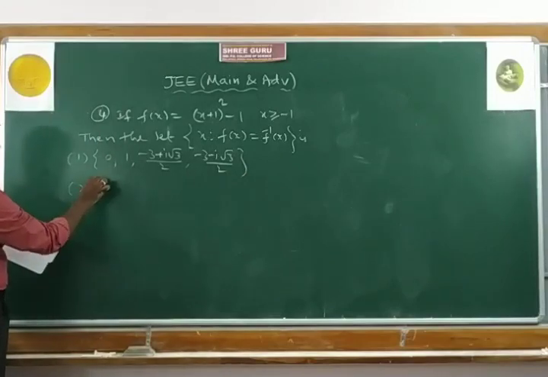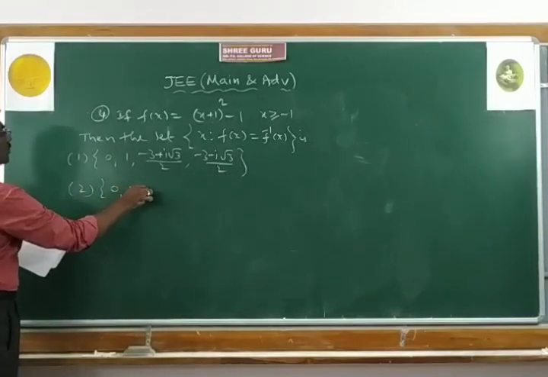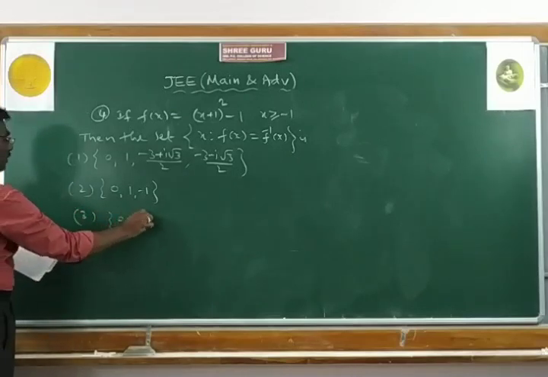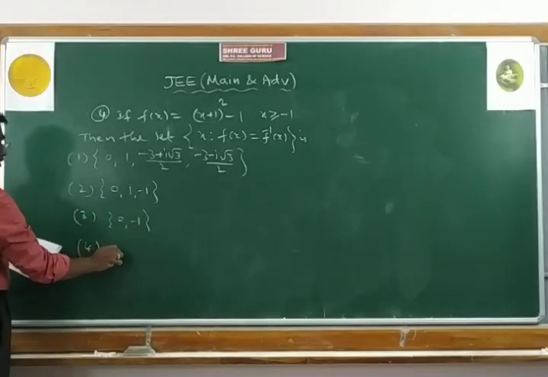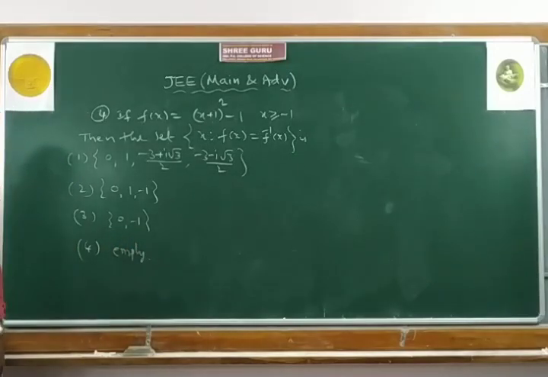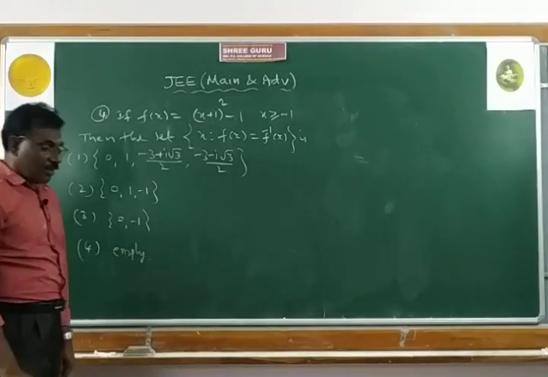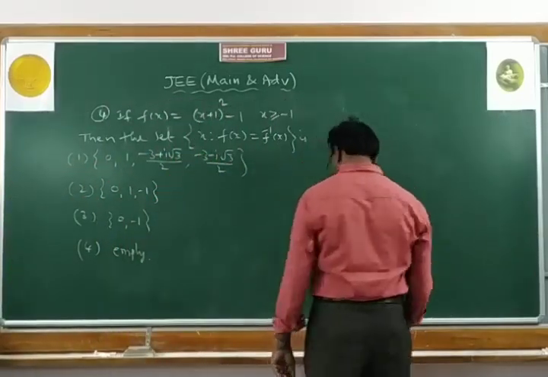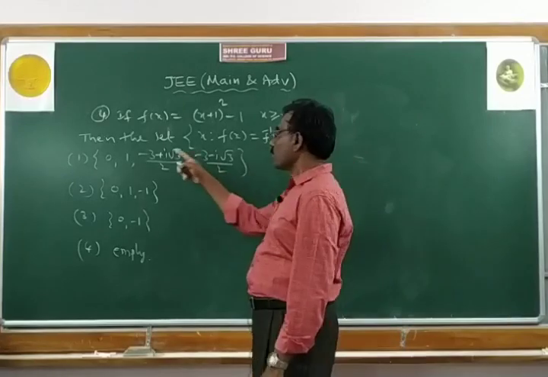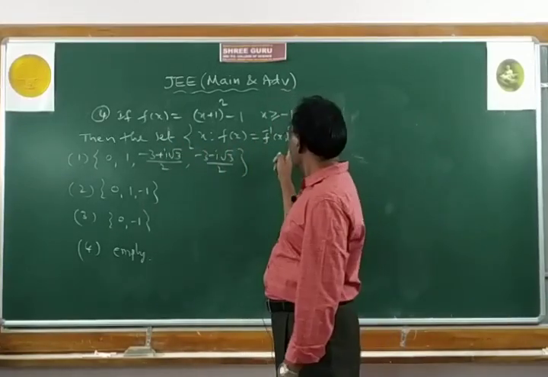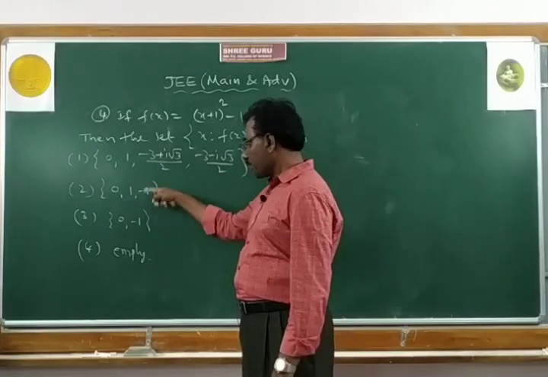Second option, 0, 1, minus 1. Third option, 0, minus 1. Fourth, empty. Options are given. f of x is equal to (x plus 1) whole square minus 1, so x is greater than minus 1. Then the set of x where f of x is f inverse of x. So options are there.